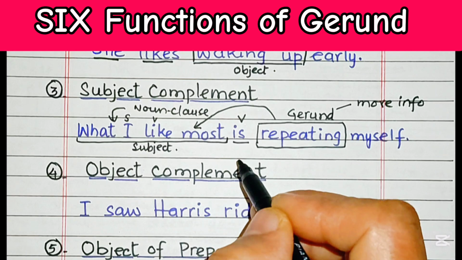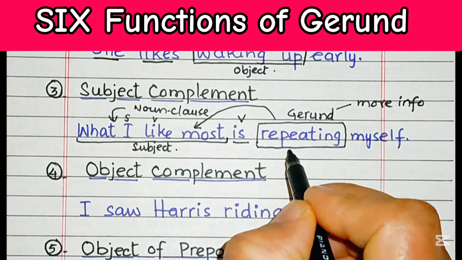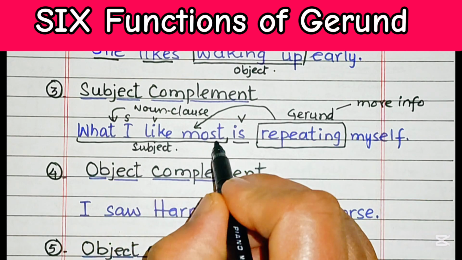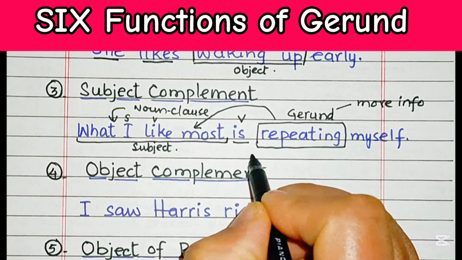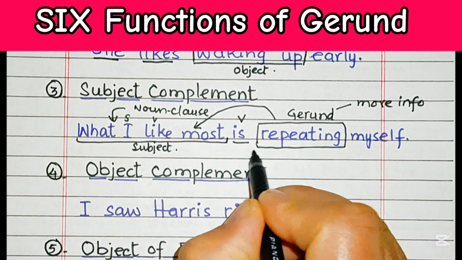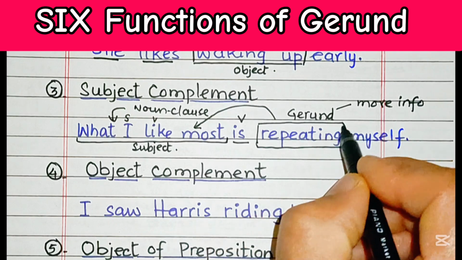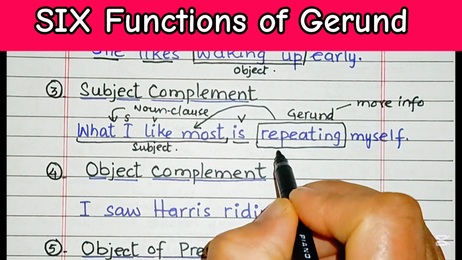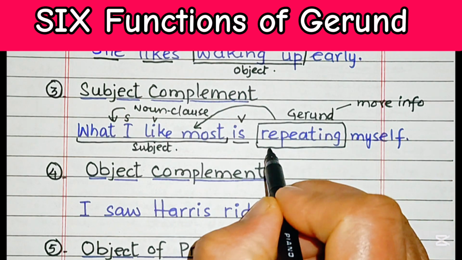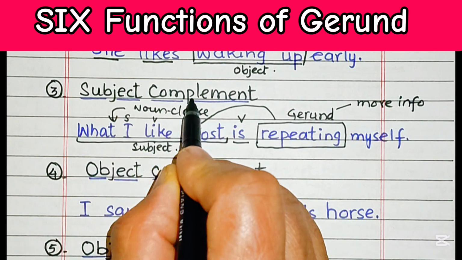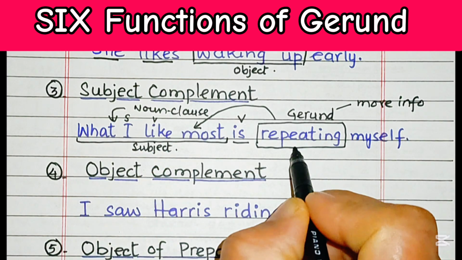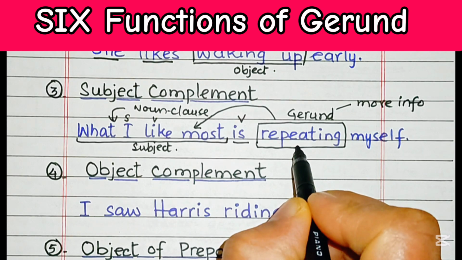So what you are doing is providing a subject a complement, and this particular complement is used to complete the sentence. That's why it is giving us information about the subject. That's why this is called subject complement. So the function of gerund over here in this sentence is subject complement.